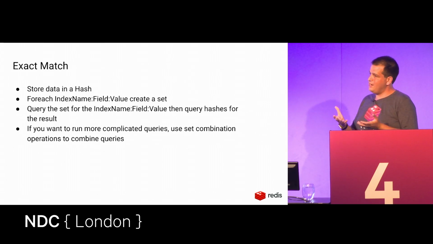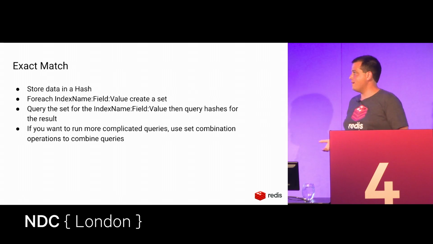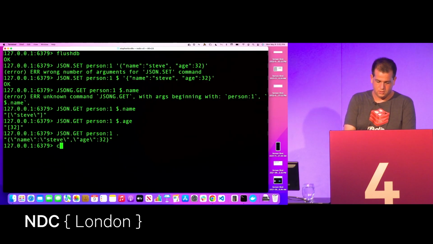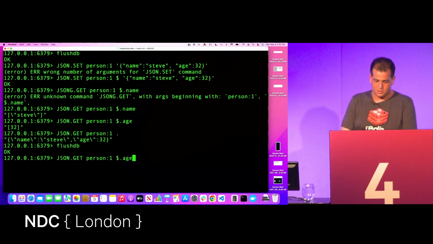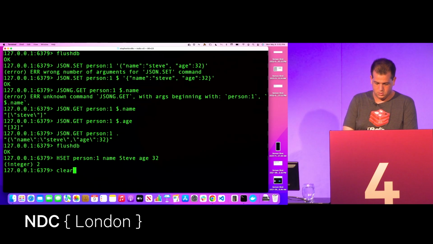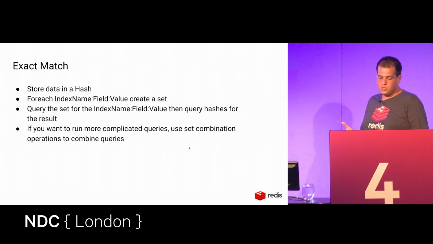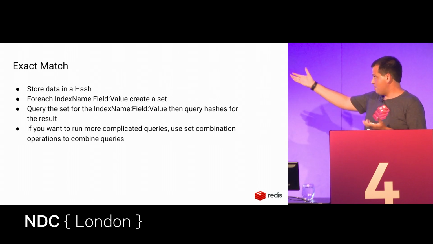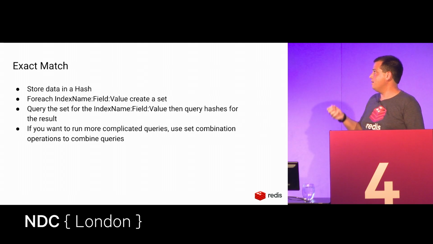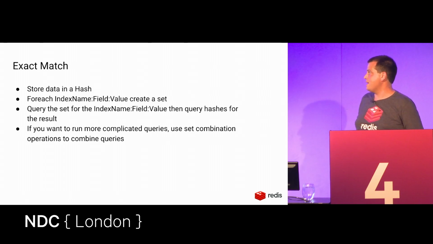So you can store your data in a hash in any form of Redis. I'll just retrieve that HSET command I sent before. So I can store the data in a hash, and then for whatever you want your index name to be, field and value, you can create a set.